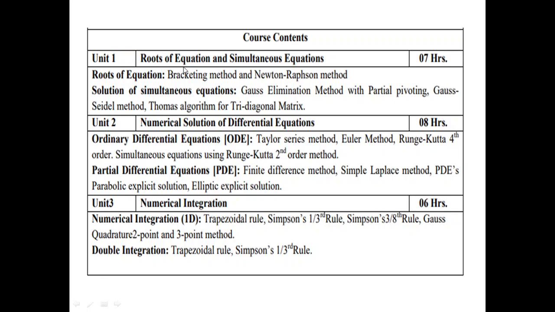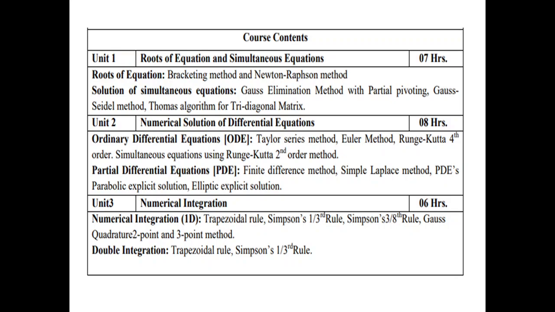The first unit is on roots of equation and simultaneous equation. We require 7 hours to complete that first unit. In the roots of equation, they include 2 methods. First is the bracketing method, also called the interpolation method, and second is the Newton-Raphson method.